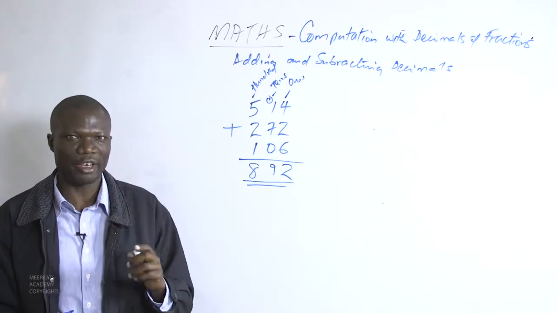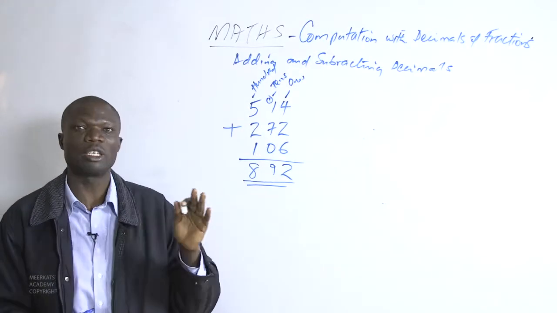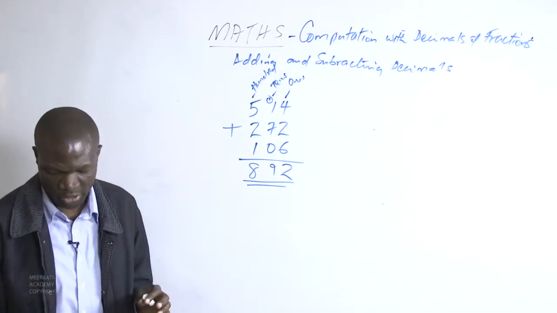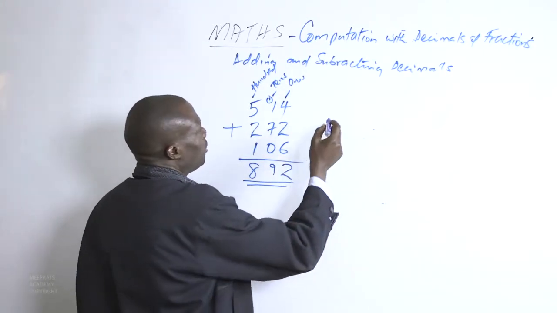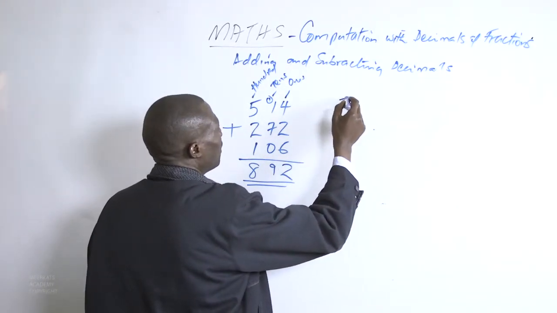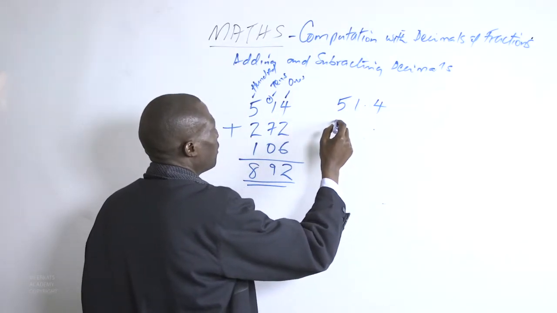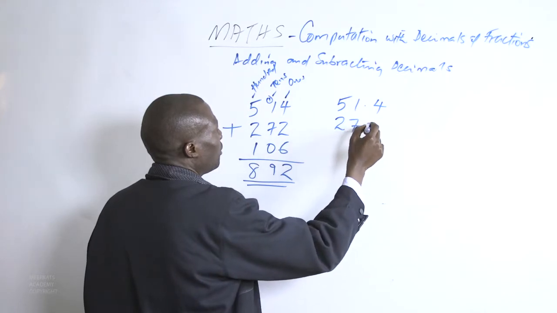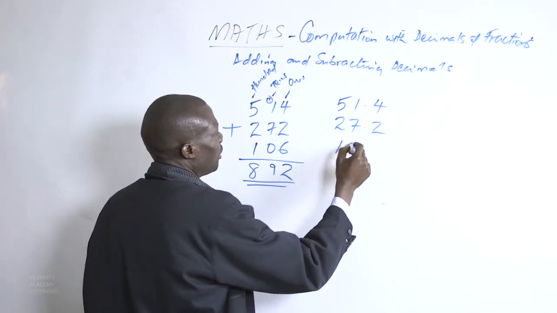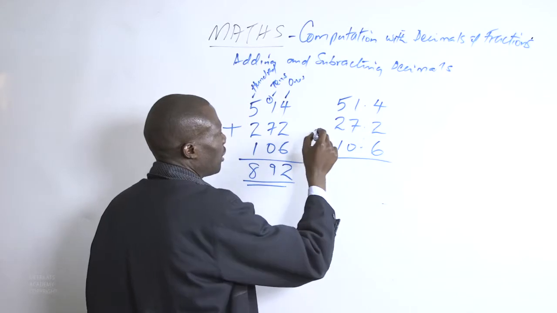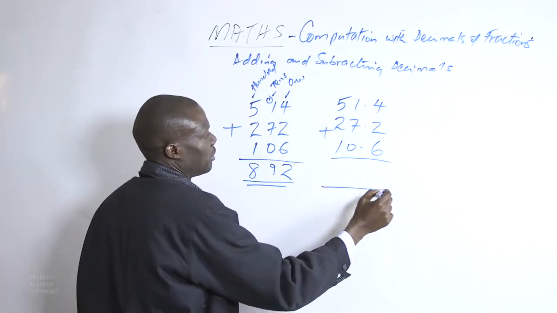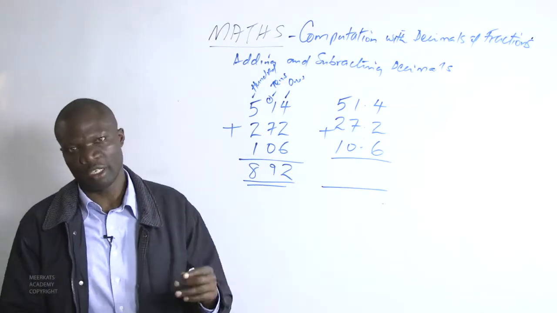Now let me bring in the decimals. Similar figures, but with decimals, and you see how we shall approach it. Supposing the numbers were 51.4, 27.2 and 10.6, and we are asked to add. Now we've brought in the decimal.